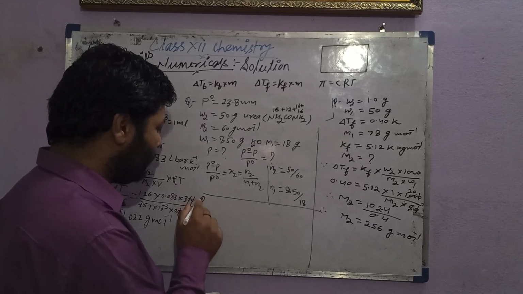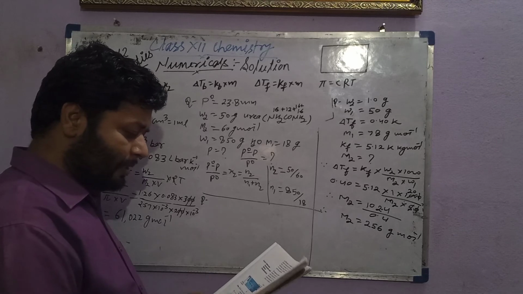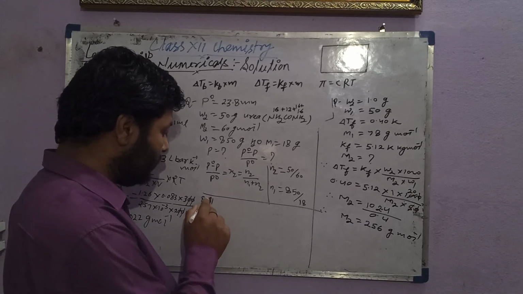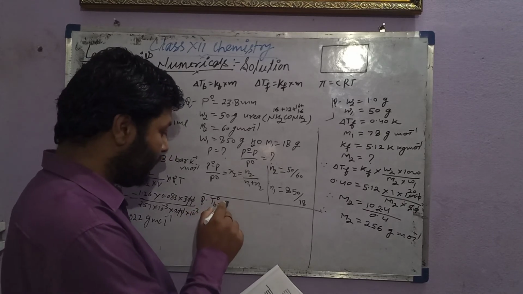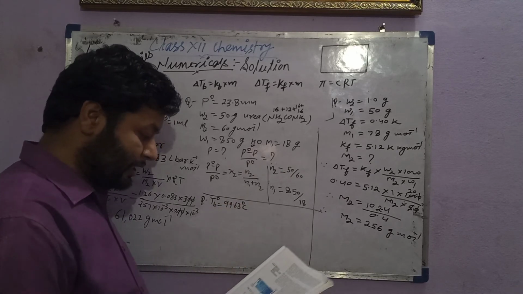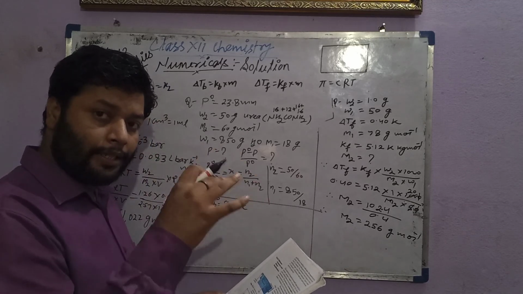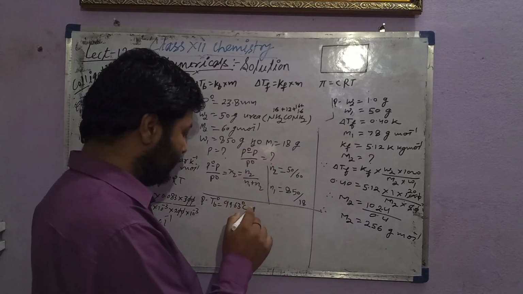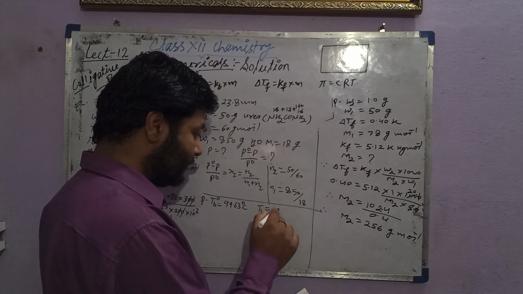The boiling point of water is called T naught B, which is 99.63 degrees Celsius, and after adding some sucrose it boils at 100 degrees Celsius. So T1 is 100 degrees Celsius.